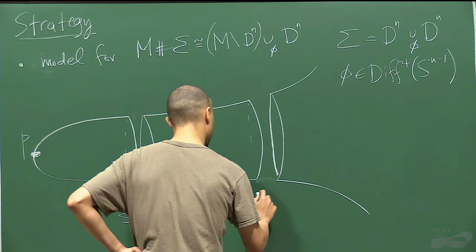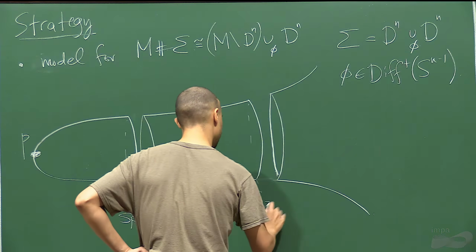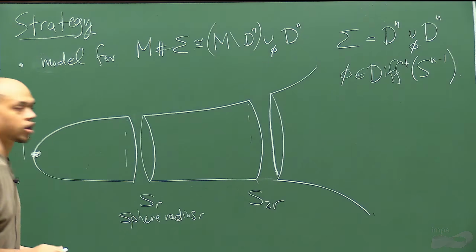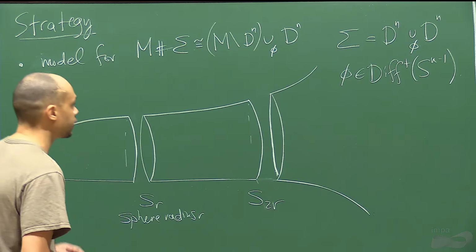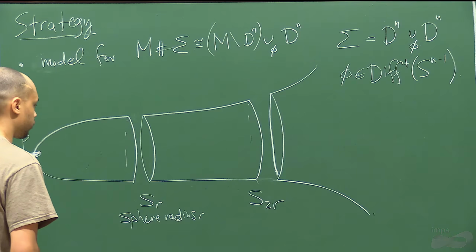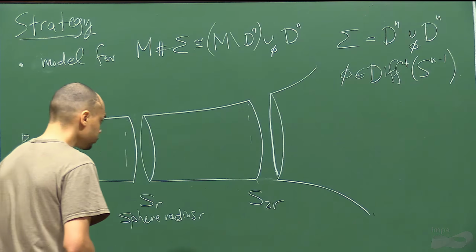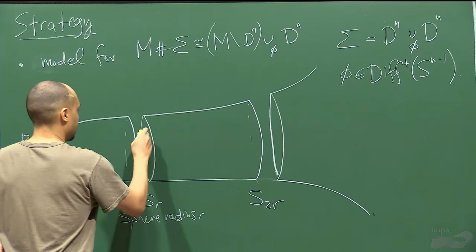And this is going to be the sphere of radius 2r. R will be some parameter that we choose later to be large.